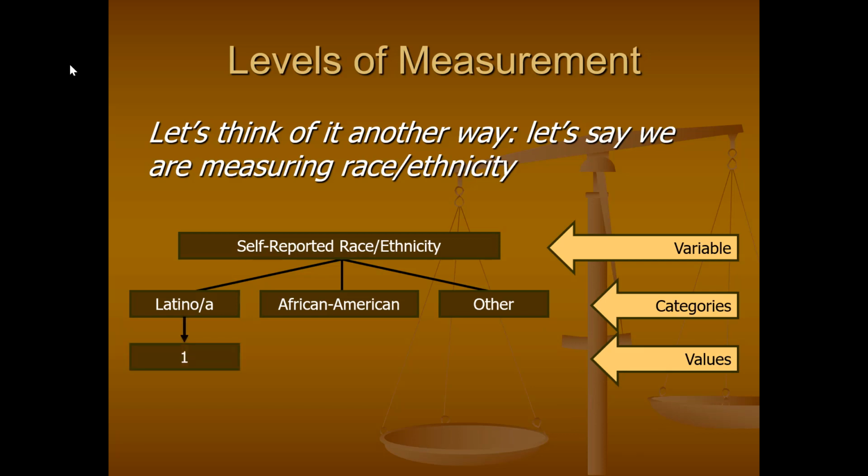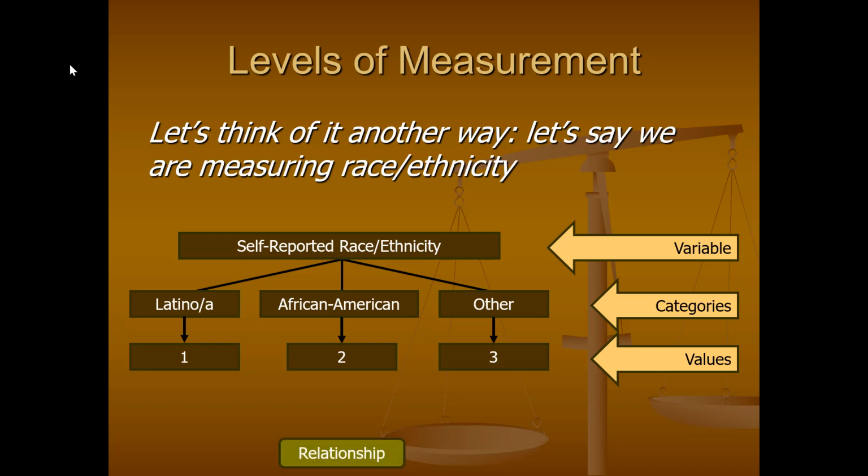I might say that if you are a Latino in my study, then you're a 1. If you're African American, then you're the number 2. And if you're some other race or ethnicity, you're a number 3. Of course, I could have as many categories as I want. And I would assign different numbers because in order to analyze the data at the end of the day, I can't analyze letters. I need to analyze numbers.